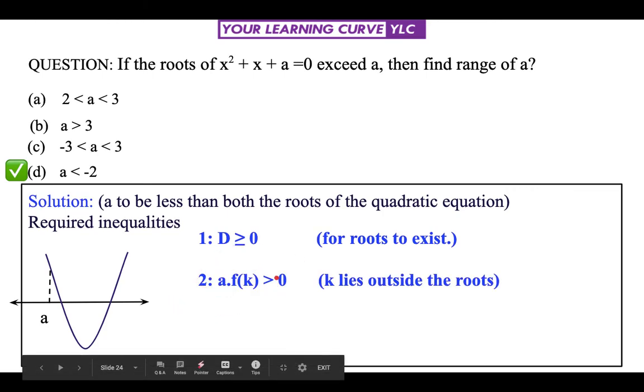Second, a f(k) is positive, so that a lies outside the roots. Here instead of k we will be putting a. Third, the vertex is towards the right of a, that is a is less than minus b by 2a. Remember, this a and this a are not same. Here a is 1 and this a is less than a, means this is the a we are talking about.